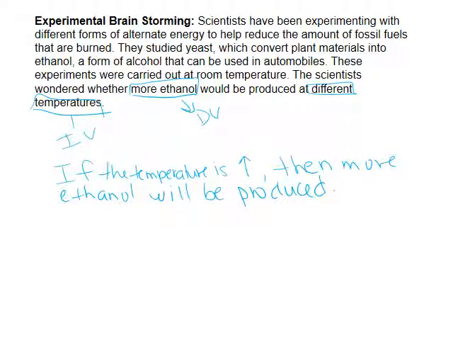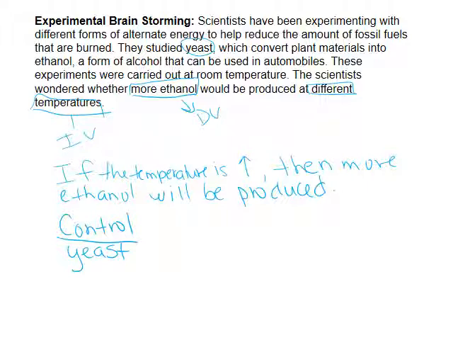So the next thing I probably want to figure out is what I'm going to put in my control group. So let's go back to the reading. The first thing I want to figure out is who is producing the ethanol, or what is producing the ethanol. And it looks like in the reading it's yeast. So I definitely have to add yeast to my experiment. I'm going to go back to the reading and see what these yeasts need to produce ethanol.